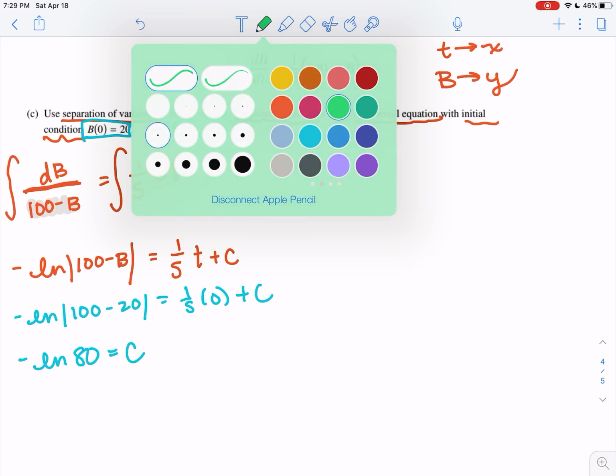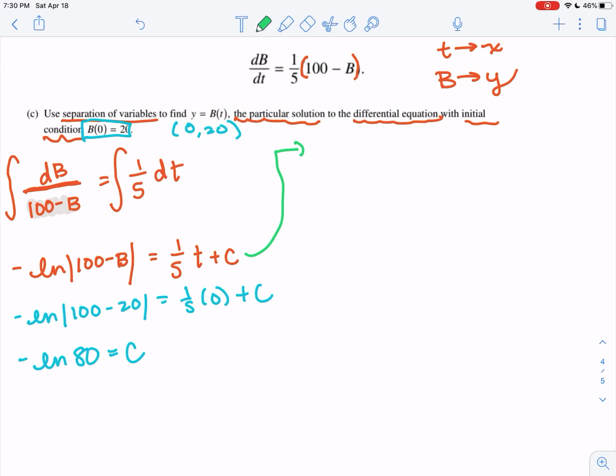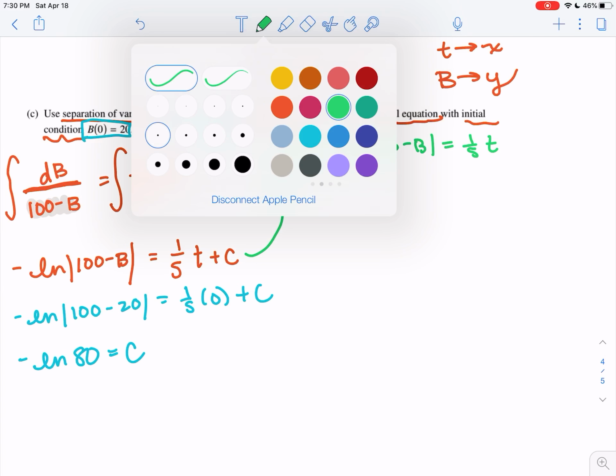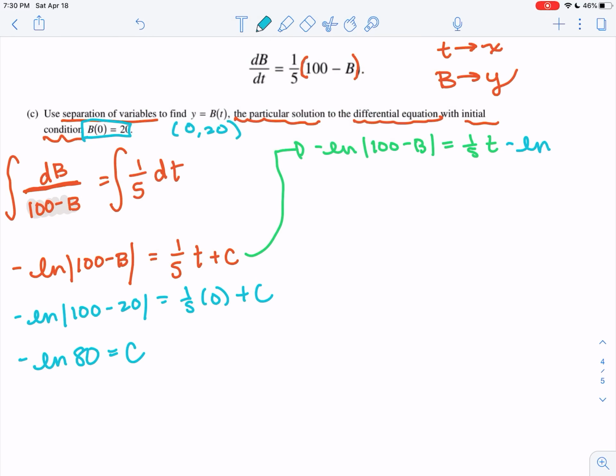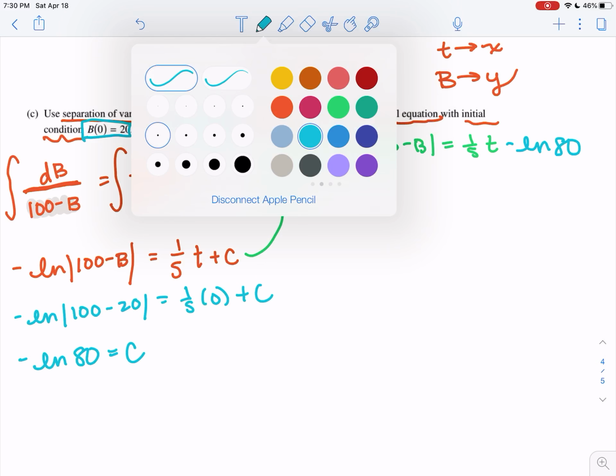All right, from there we're going to come back to where we first had that plus c. So I've got negative ln of the absolute value of 100 minus b equals 1/5 t minus c, which was ln of 80. All right, now we want to solve for b. I like to get my logs on one side, everything else on the other.